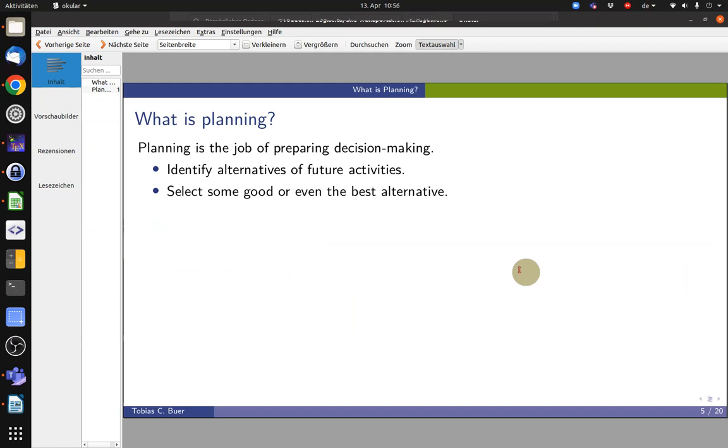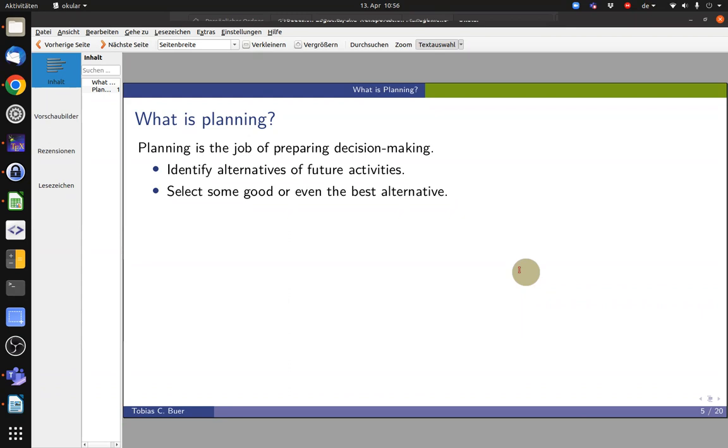And there are two main things. First, we try to identify different alternatives. What are the possible decisions that I can do? What are the alternatives?